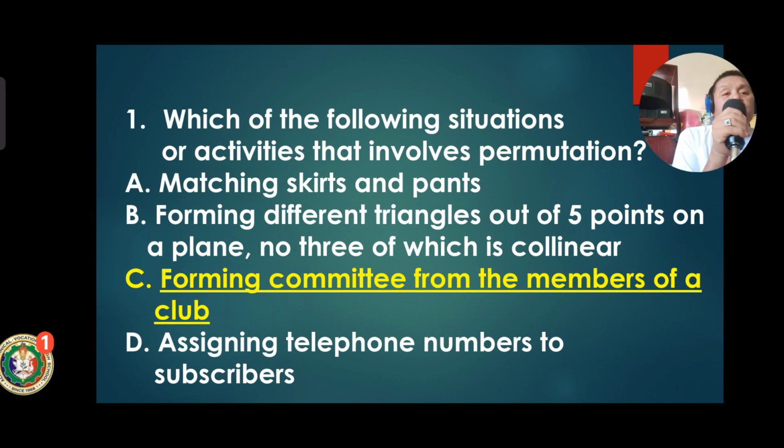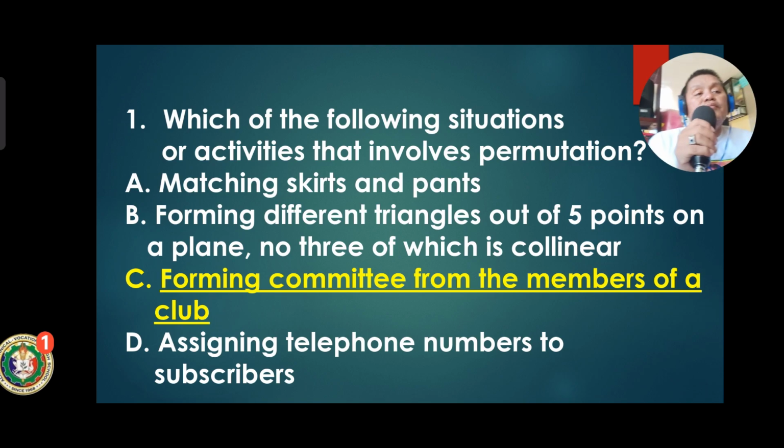We have number 1. Which of the following situations or activities involves permutation? Letter A, matching skirts and pants. Letter B, forming different triangles out of 5 points on a plane, no 3 of which are collinear.